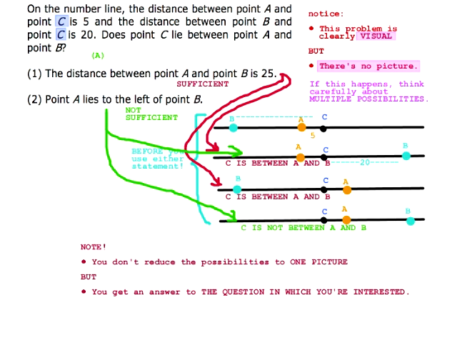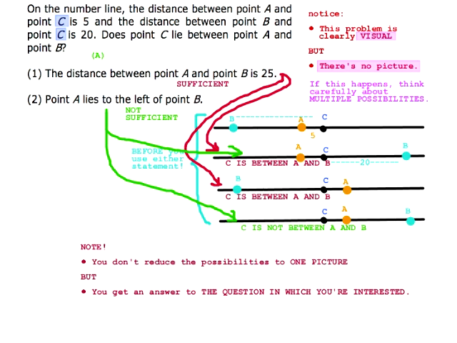The first drawing actually doesn't satisfy either statement. The first statement is satisfied by the second picture and by the third picture. So the reason why statement one is sufficient is because the question is not what does the drawing look like.